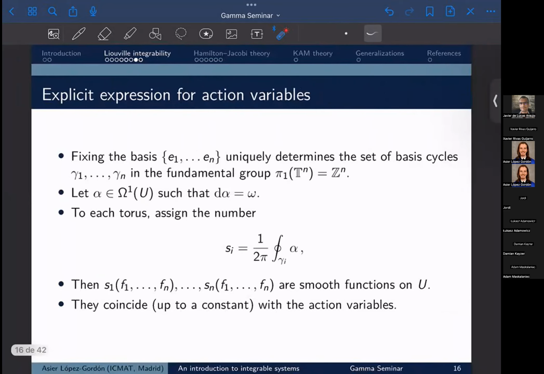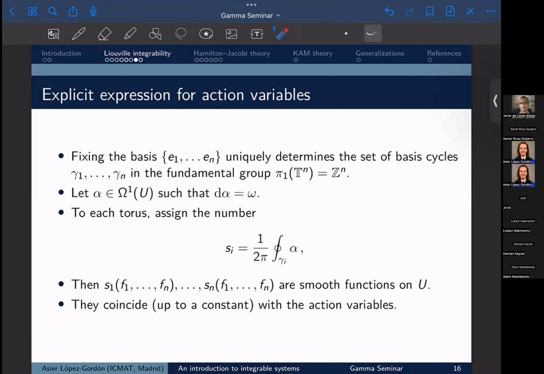And what about the action variables? Basically, fixing this basis of the lattice uniquely determines the set of basis cycles of the fundamental group of the torus. Well, I think this is more or less basic topology.